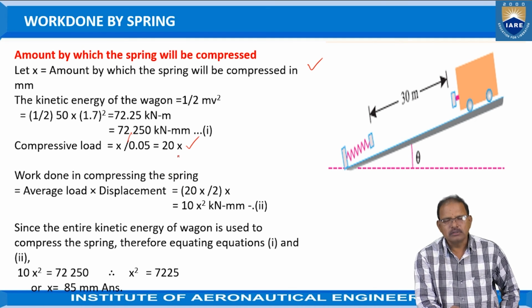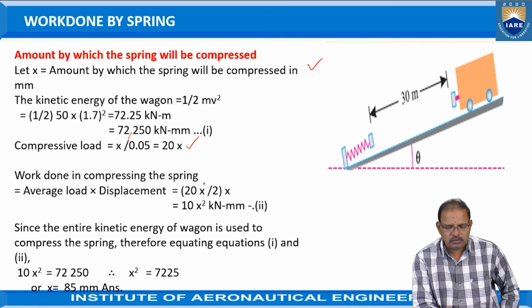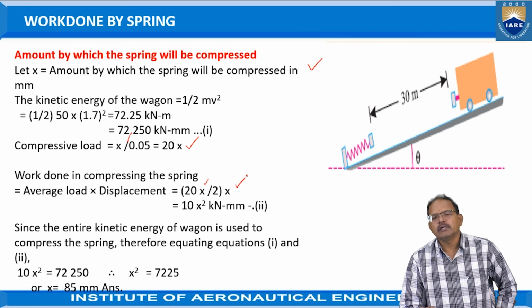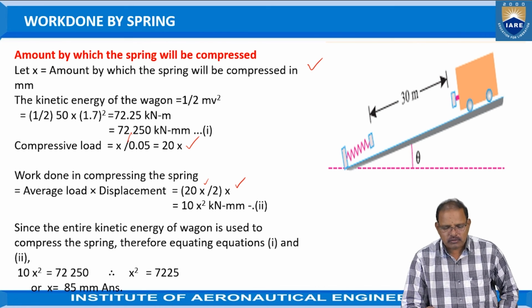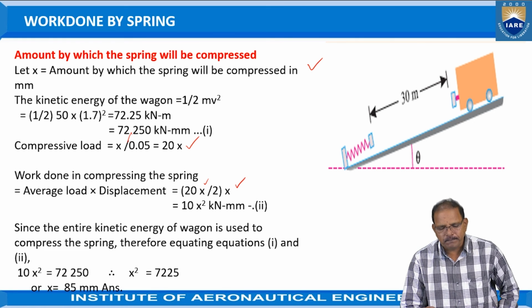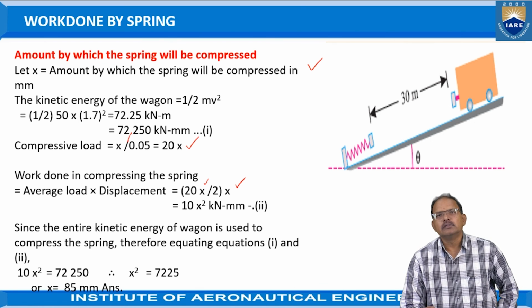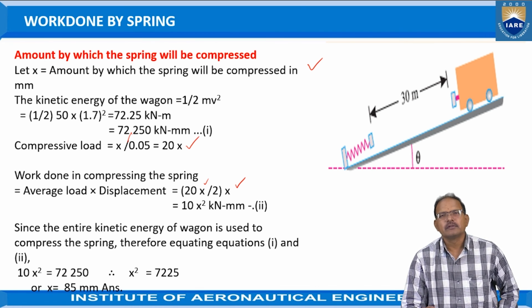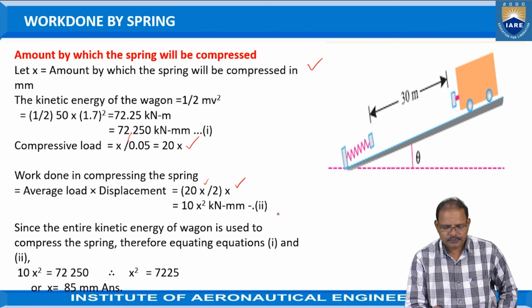So 0 plus 20x by 2, into x, is nothing but 1 by 2 into kx square, where k stands for the spring constant, which is here 20 kilonewton per mm, and x is the displacement of the spring. By using this equation, we determine this value is equal to 10 x square kilonewton mm.